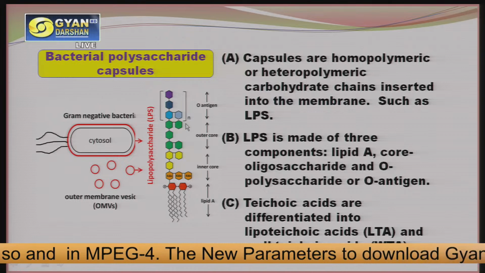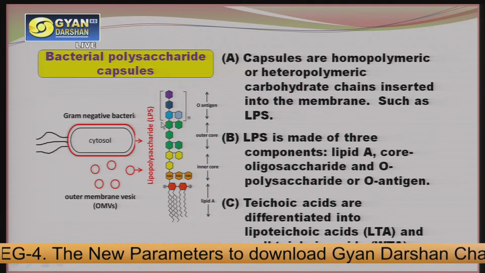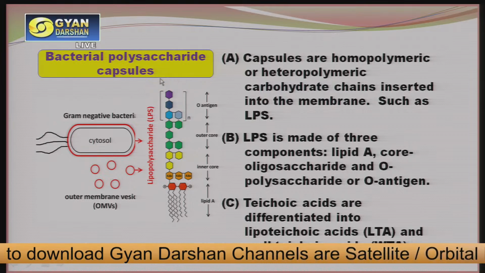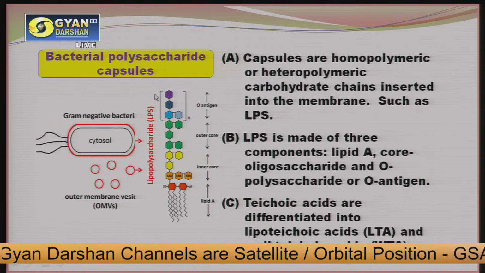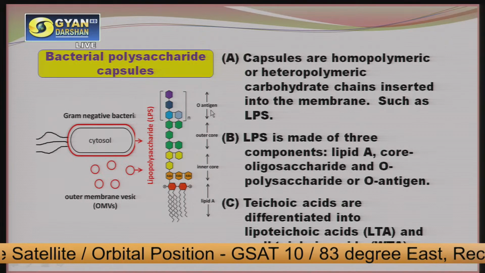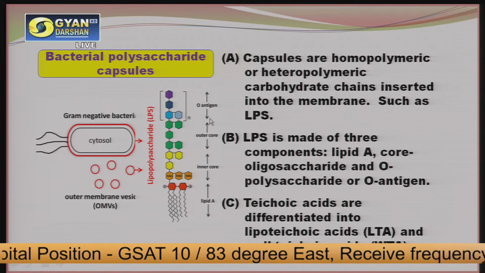It is variable and can vary according to the organism. In Streptococcus it will be different, and in Pseudomonas it will be different. So these are the O antigens.